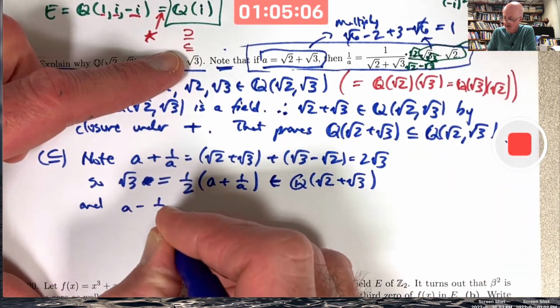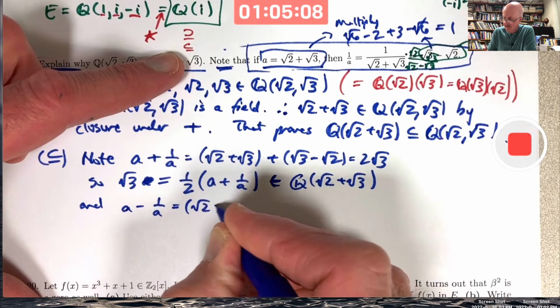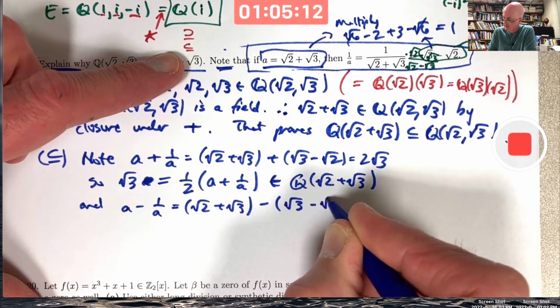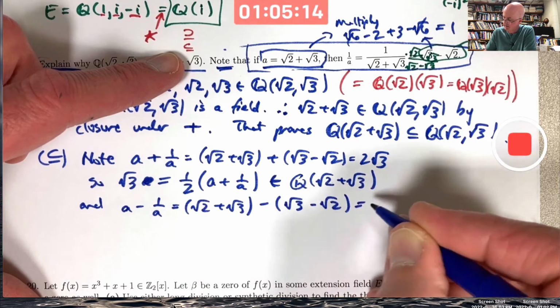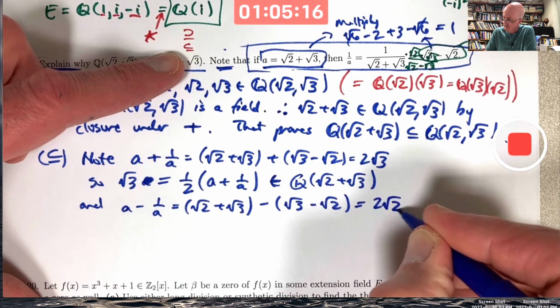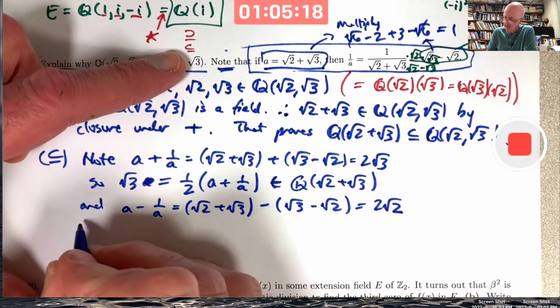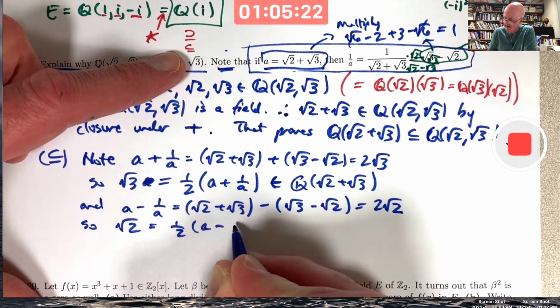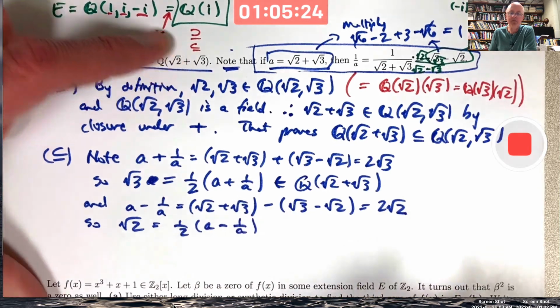A minus 1 over a, square root of 2 plus square root of 3 minus square root of 3 minus square root of 2. The square root of 3's cancel, leaving you with 2 square root of 2. So square root of 2 is 1/2 times, in parentheses, a minus 1 over a.